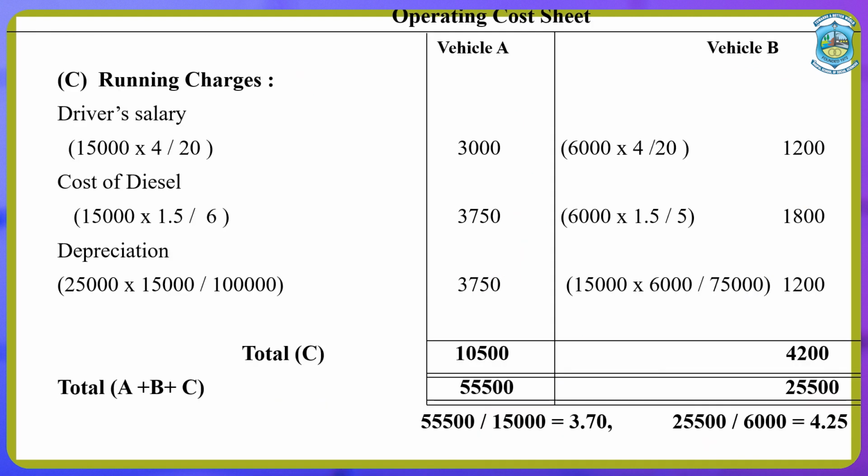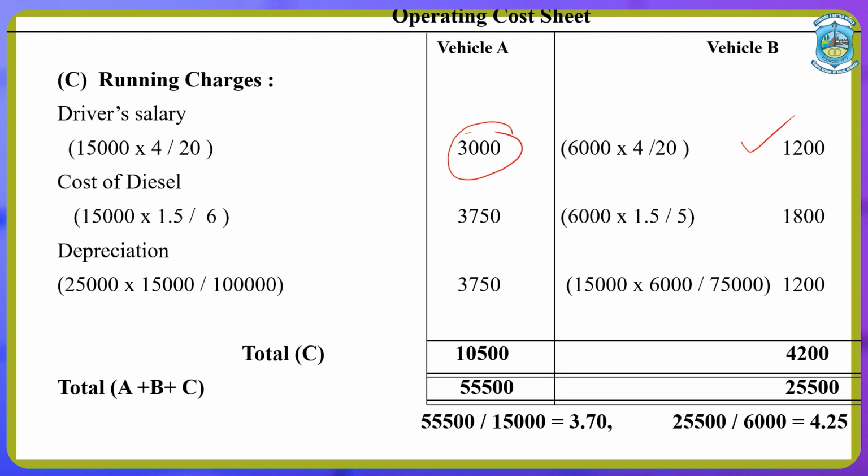Operating charges, or running charges, that is at the time of running. Driver salary for vehicle A: 15,000 multiplied by 4 divided by 20, the calculation is 3,000. As far as vehicle B is concerned, 6,000 multiplied by 4 divided by 20, amount is 1200 rupees.